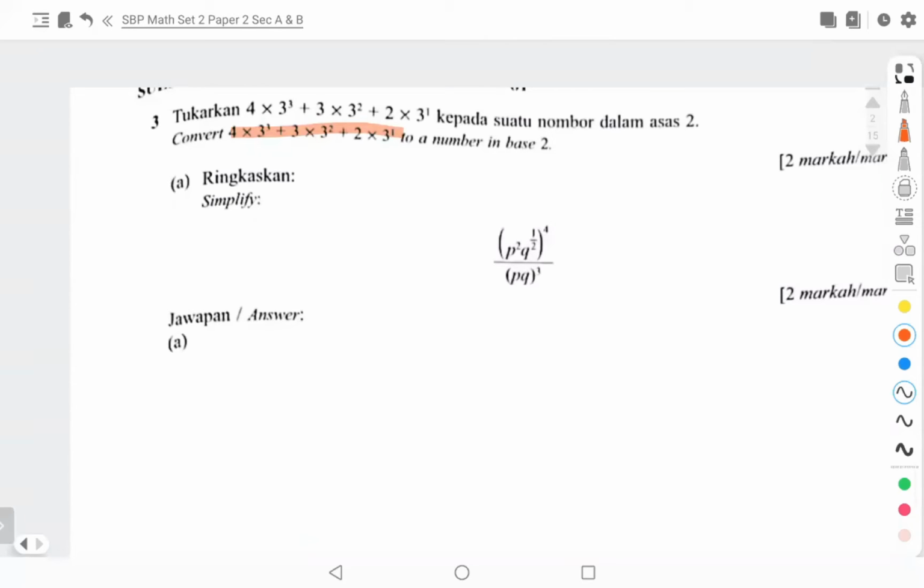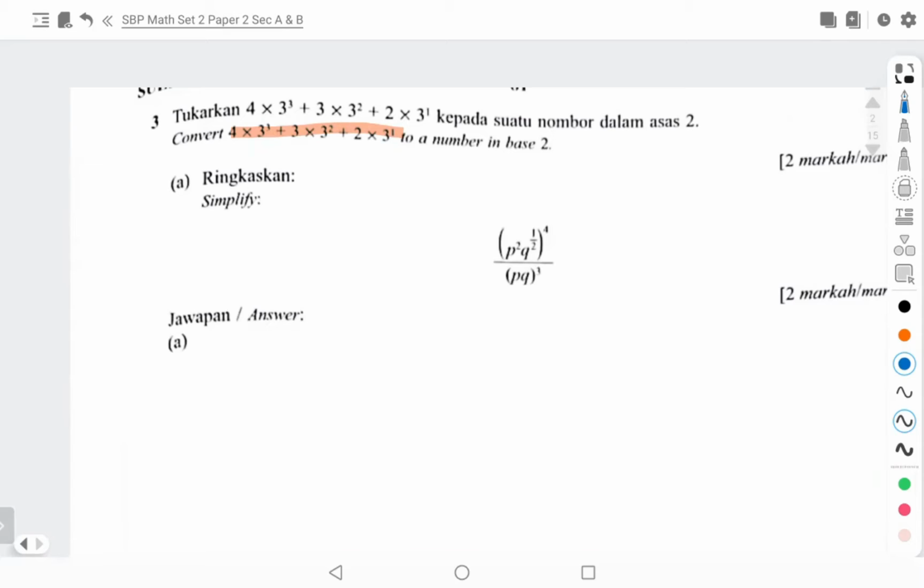So what you need to do is just key into the calculator and get the value. 4 times 3 cubed plus 3 times... Yes, what's your question? So base 10 means the original, and the other bases like 2 and 5 are scaled down bases, right? It's just the normal number that we usually use.